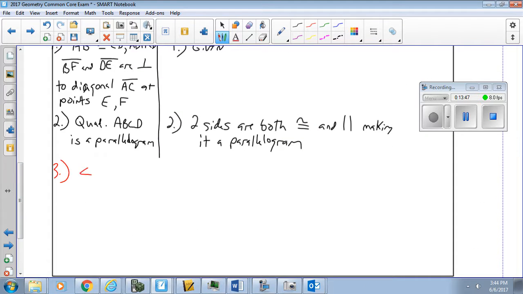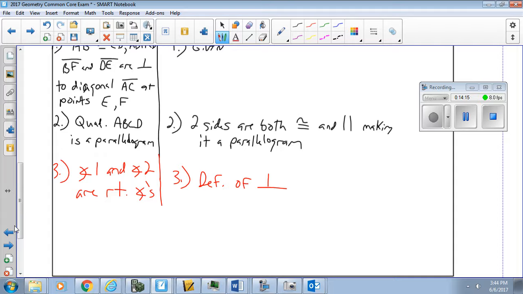Angle 1 and angle 2 are right angles. And how do we know that? Because of the definition of perpendicular.